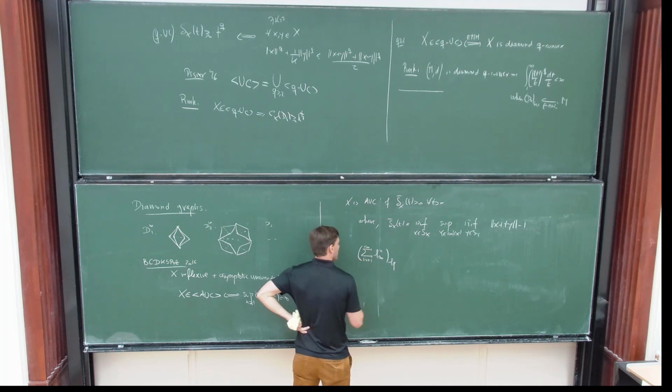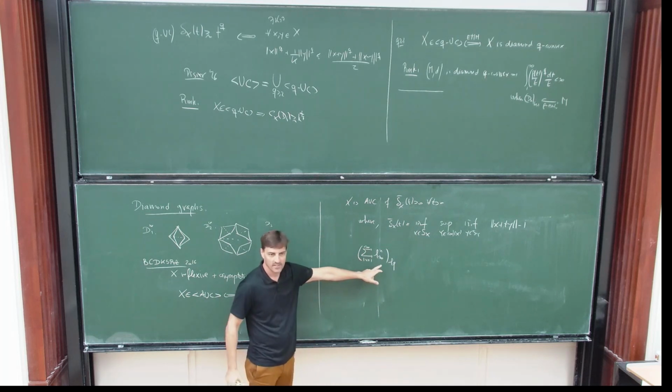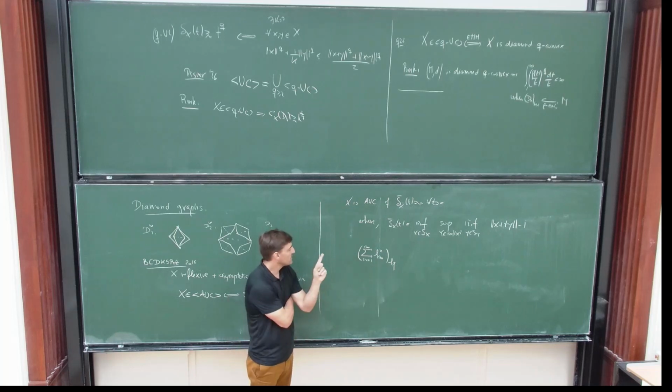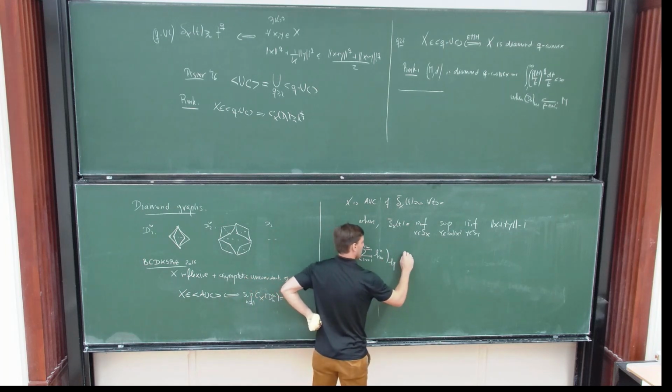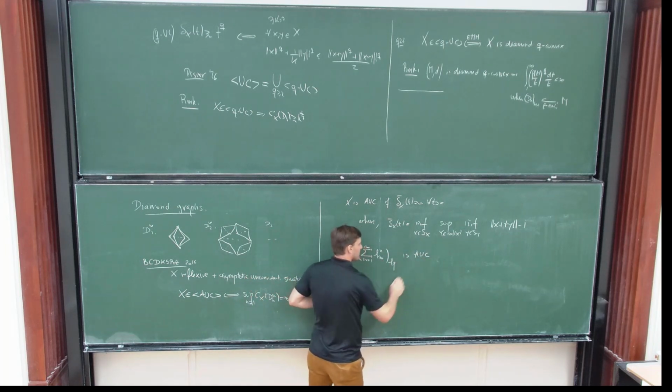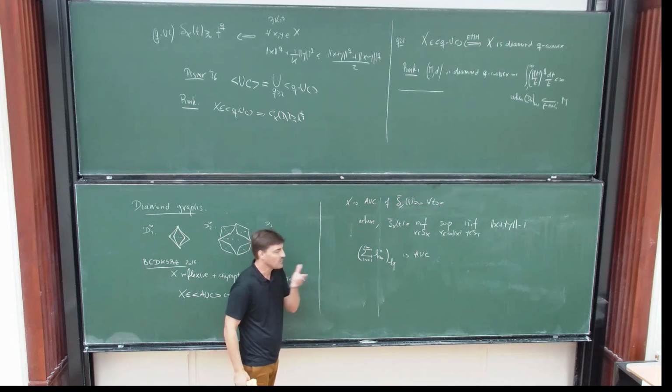Take an ℓp sum of ℓ_∞^n's. Is this space uniformly convex? No, because it has trivial cotype. It contains the ℓ_∞^n's. But this space here is asymptotically uniformly convex. I mean, p finite.